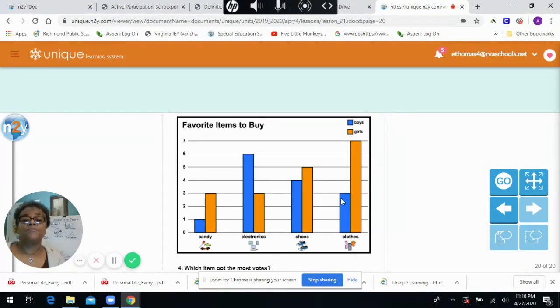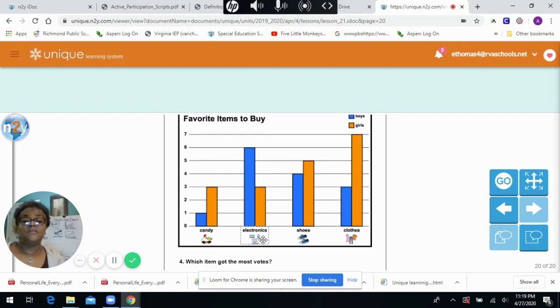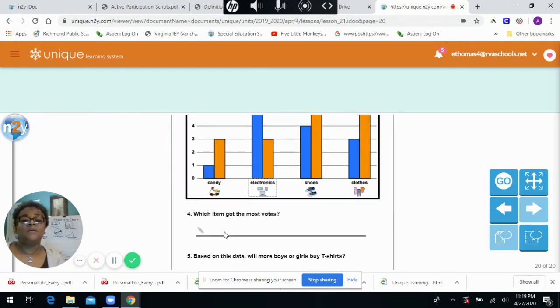Let's count the clothes. 1, 2, 3, 4, 5, 6, 7, 8, 9, 10. Okay, so they had 10. So which one was it? It was clothing, but we had to count that because that was very close.